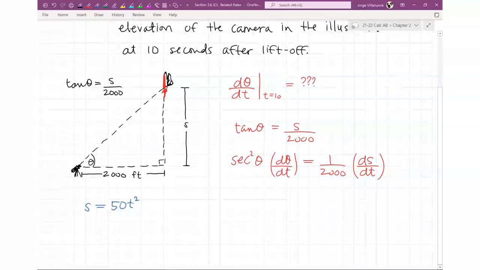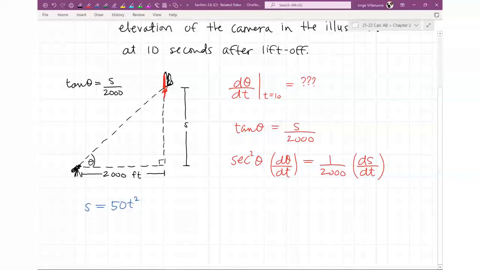I want to find d theta dt. That's my goal. But I have a ds dt. What is ds dt? Yeah, it's how fast the height is changing. Now they gave me a function that tells me height. Height is 50t squared.